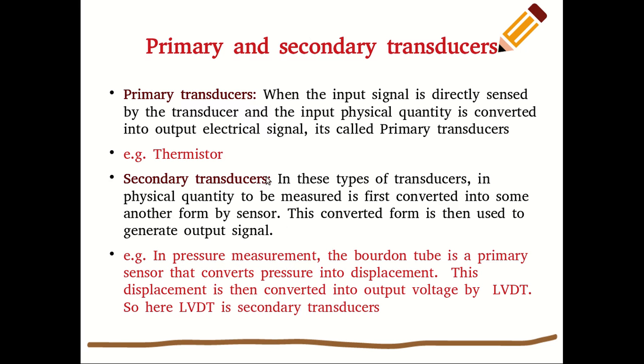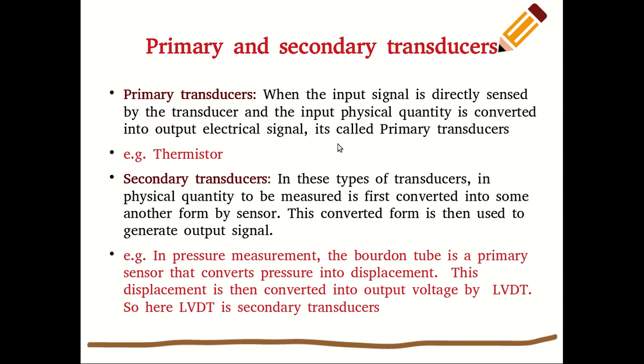Another classification scheme of transducers depends on whether the input signal is directly sensed by the transducer or not. A primary transducer is a transducer in which the input signal is directly sensed by the transducer and the input physical quantity is converted into the output electrical signal directly.